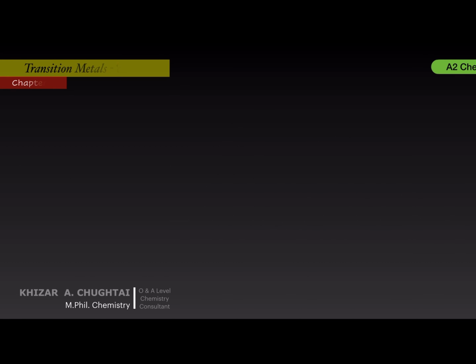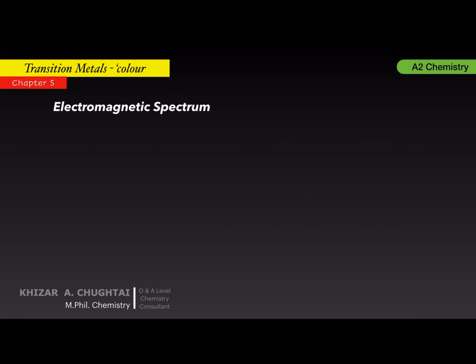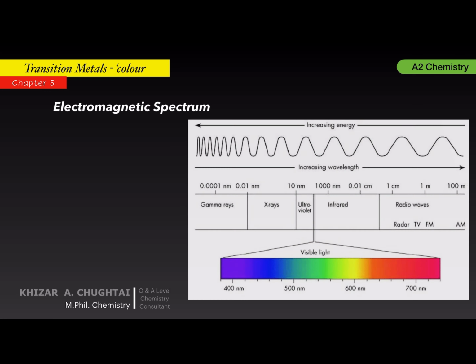First of all, I am going to explain the electromagnetic spectrum. The electromagnetic spectrum is the combination of different radiations, for example gamma rays, X-rays, ultraviolet, visible rays, infrared (IR), and radio waves. In this spectrum, only the visible region, as the name indicates, is visible to the human eye.